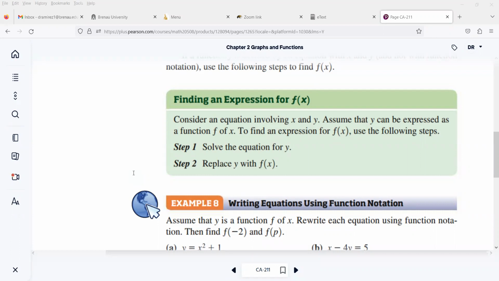Assume that y can be expressed as a function f of x. To find an expression for f of x, use the following steps. First solve the equation for y, and then replace y with f of x. That's what we're doing in the next example.